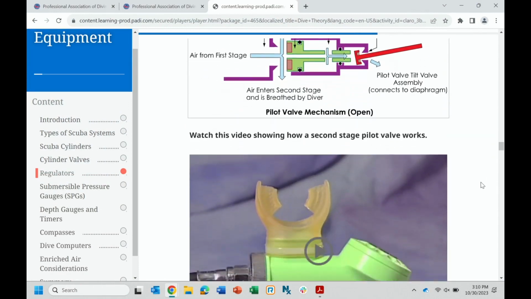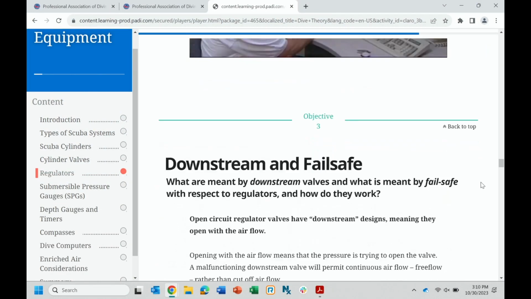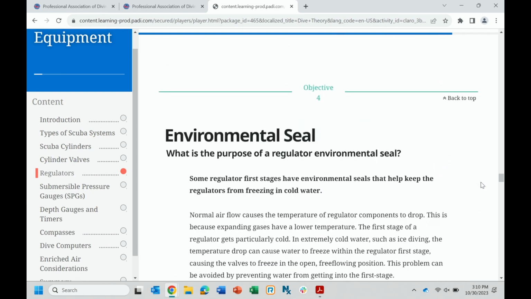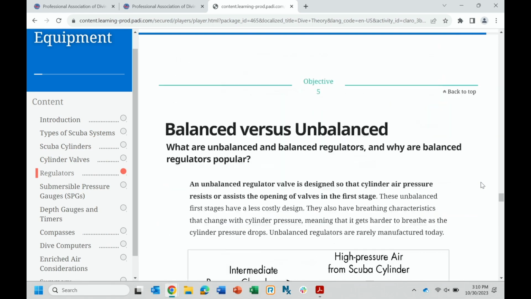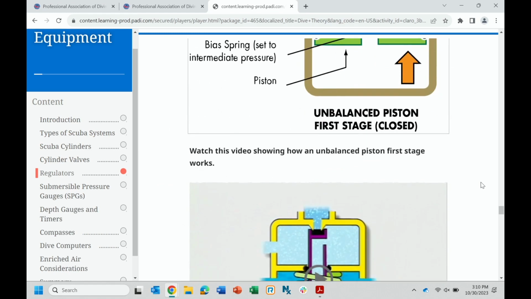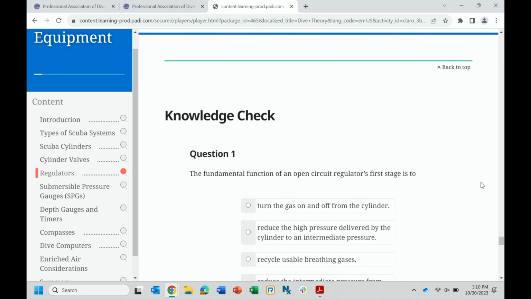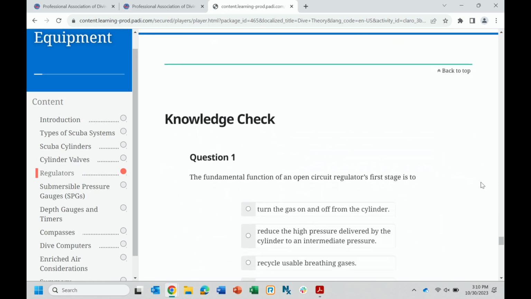So you have all these really cool videos in there. You can show the fail-safe that I just mentioned that leads to free flowing, and an environmental seal for really, really cold water, or different types of water.